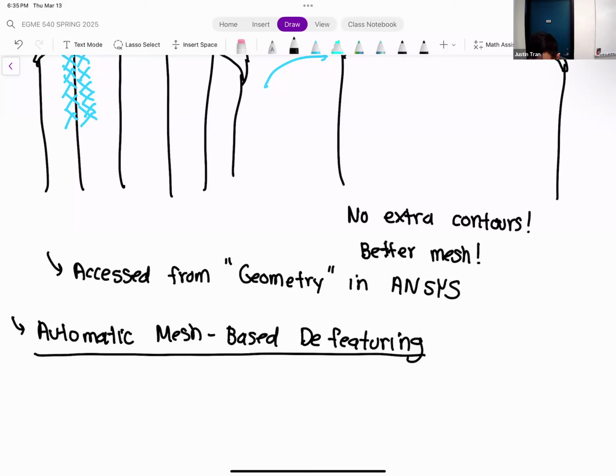Okay, so the way it works is that you specify a length scale, or a size of an element, of a feature that you want ANSYS to ignore.